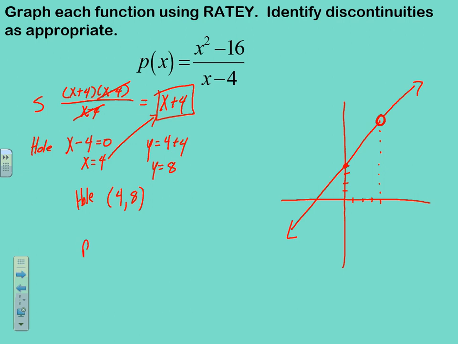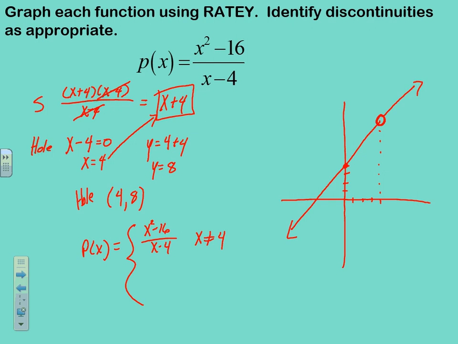So we would say p of x is the original function that they gave us, x squared minus 16 over x minus 4, and that says we could use all real numbers except x cannot equal a positive 4, because that's where my vertical asymptote would come from. If I put a 4 into the denominator, that gives me 0, which makes it undefined.